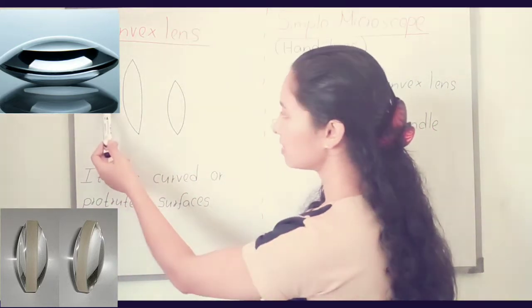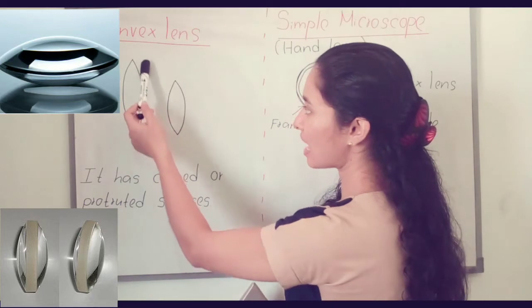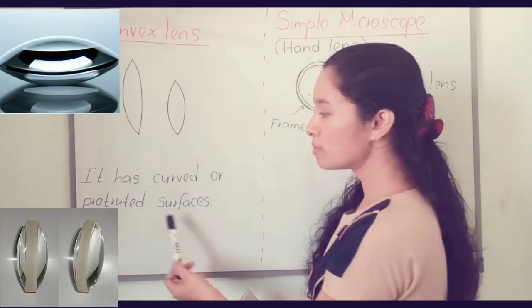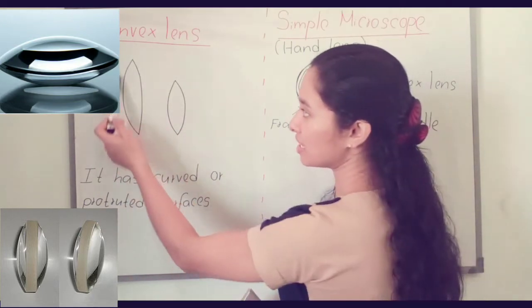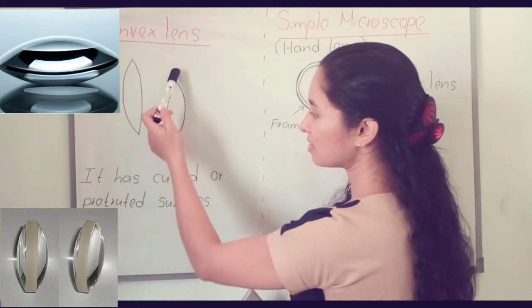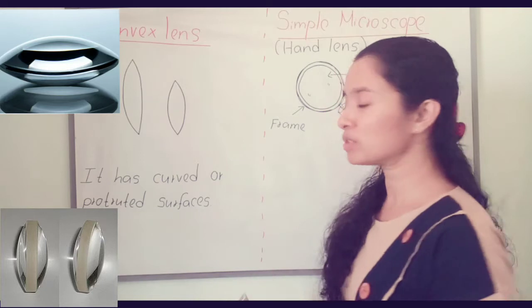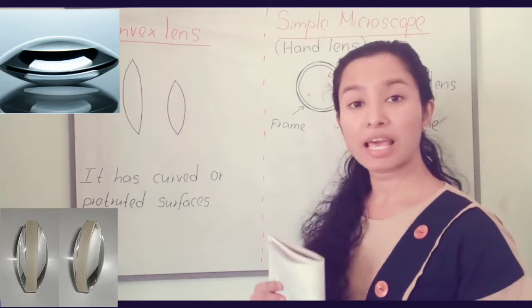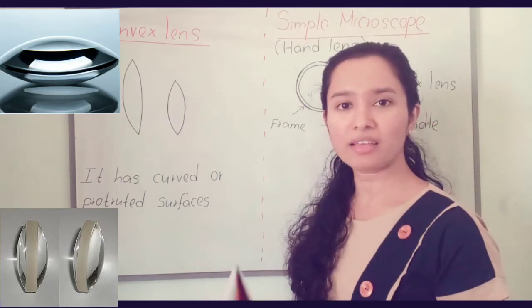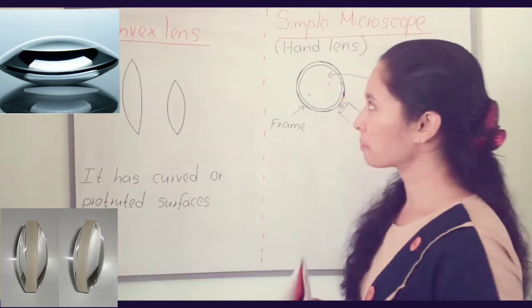Here you can see the lens has a curved or protruded surface. So this curved or protruded surface helps to magnify small items.